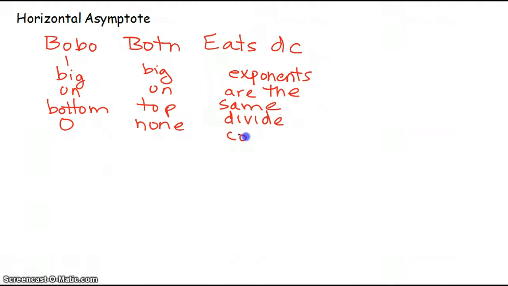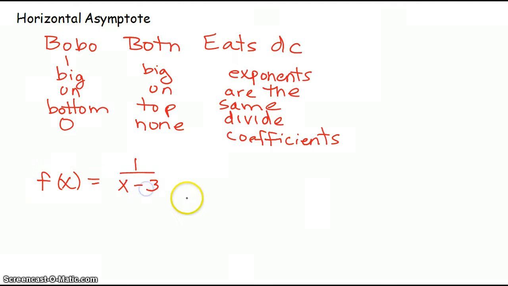Now this is just one way to think of it, and I don't care if you remember this saying as long as you remember how to do it. So for example, if I have the function f of x equals 1 over x minus 3. When you ask yourself about BOBO, make sure that BOBO is always referring to the degree. So we have to compare the degree of the numerator and the denominator. The degree of my numerator is 0, because there's no exponent there.